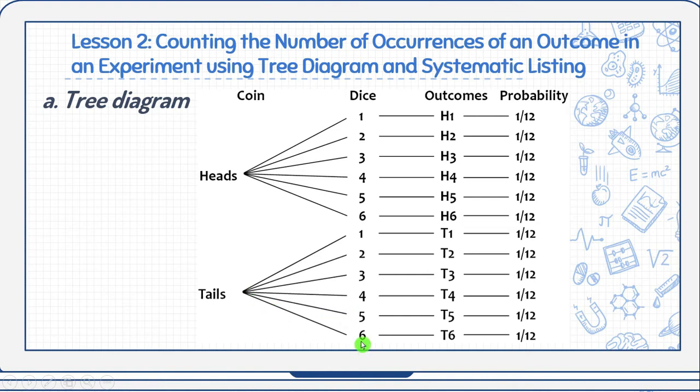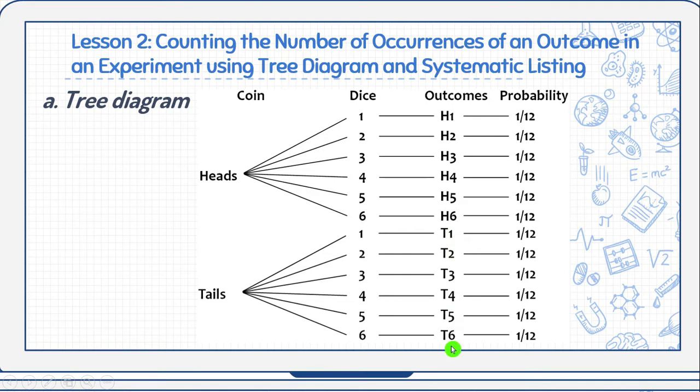So, therefore, ito yung outcome. Tapos sa probability natin, ang resulta ay 1 over 12. Bakit 12? Kasi yung possible outcomes po ay 12. We have this one, 1, 2, 3, 4, 5, 6, 7, 8, 9, 10, 11, 12.